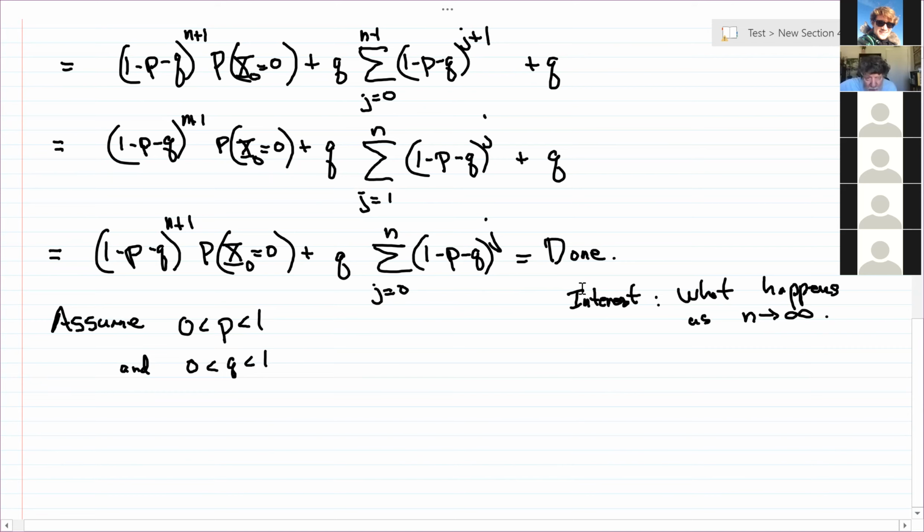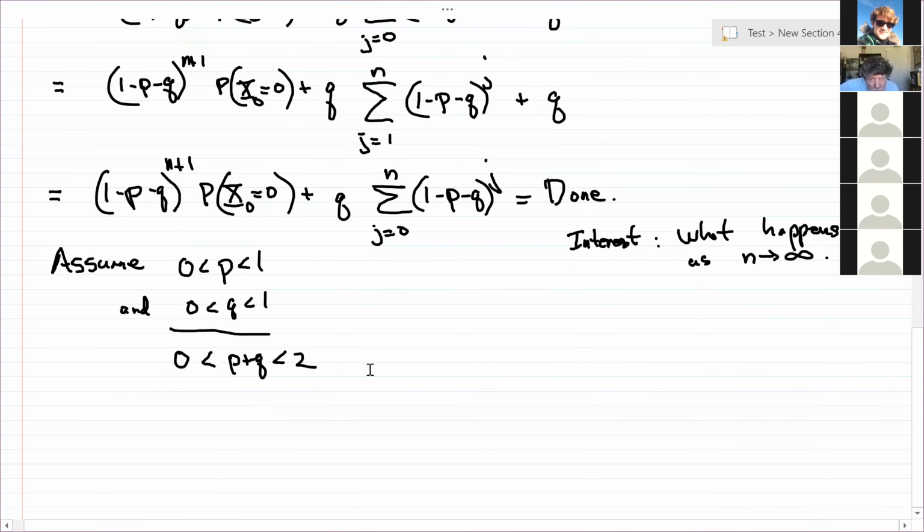So under these assumptions, what happens if we add the equations? Well, 0 and 0 is 0, and P and Q add up to P plus Q. And if these are strictly greater than 0, this would still be strictly greater than 0. And this would be strictly less than 2. So we're assuming P and Q are both proper, that is, bigger than 0 and less than 1, then their sum is somewhere between 0 and 2.